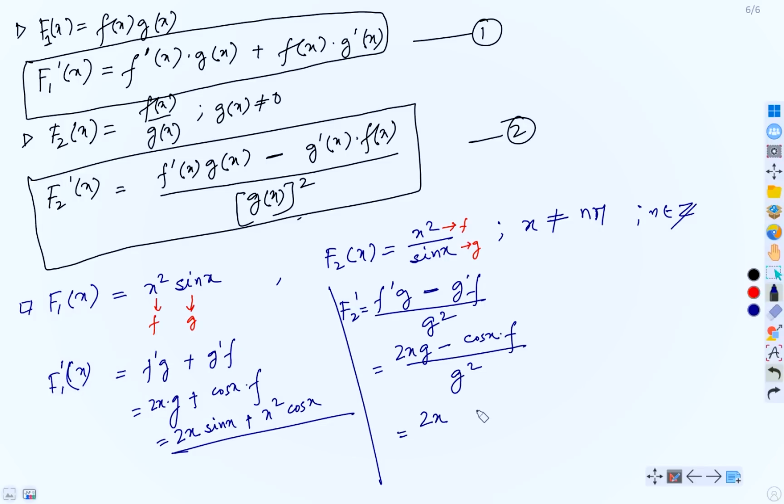Now substitute the values: 2x sine x minus x square cosine x, by sine x whole square, where x is not equal to n pi, n belongs to Z. I hope you have understood this, right? There is nothing so difficult here. Let's do some more problems.